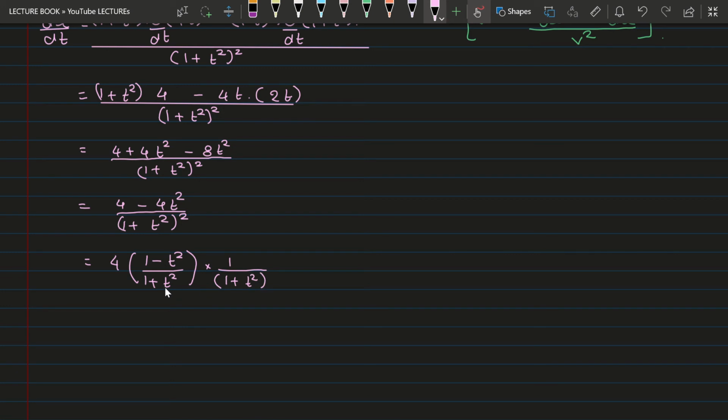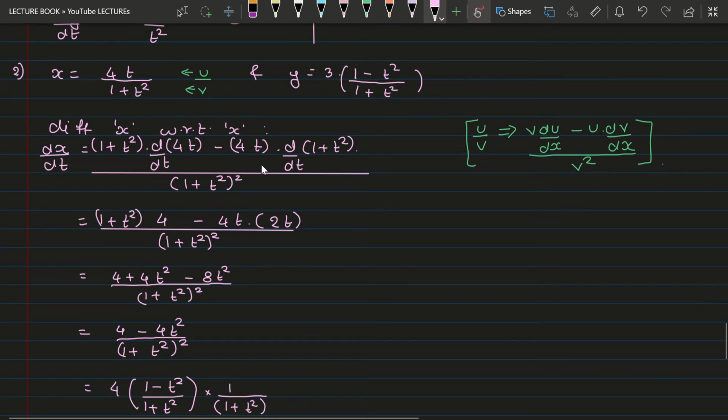1 plus t square into 1 plus t square. Now why did we do it like this? If I observe my value for y, I can say from y that y upon 3 is equal to 1 minus t square upon 1 plus t square.